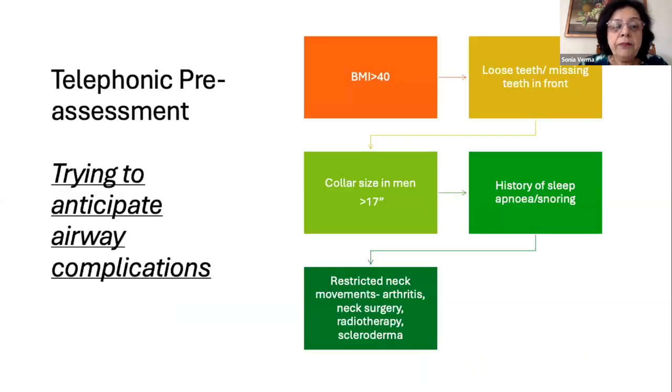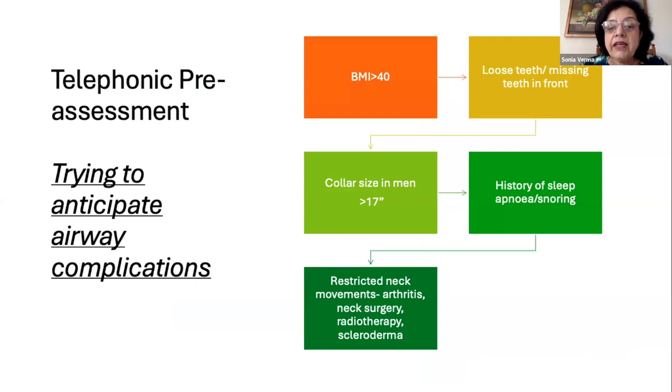In the telephonic pre-assessment, we are also trying to anticipate any airway complications by asking the patient what their BMI is. If the BMI is more than 40, we could be having some problems. Do they have any loose teeth or missing teeth in the front? Do they wear any dentures?